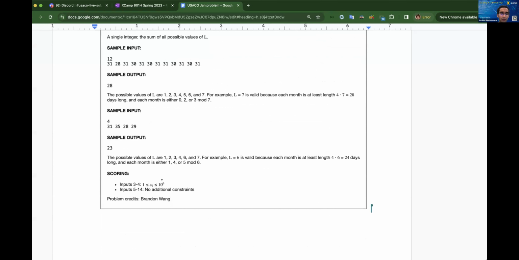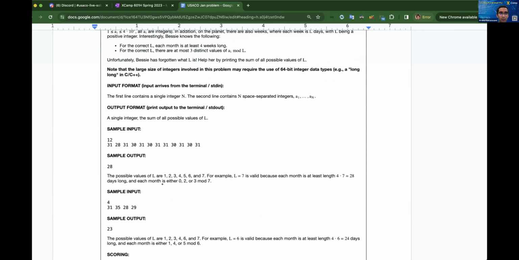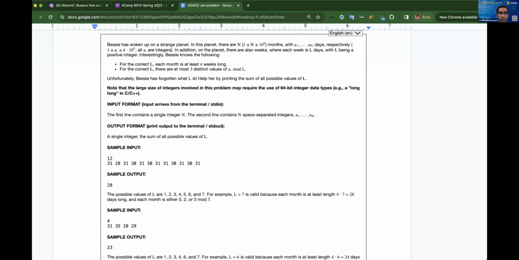And the subtask is AI is at most 10 to the 6th, and also n is at most 10 to the 4th.